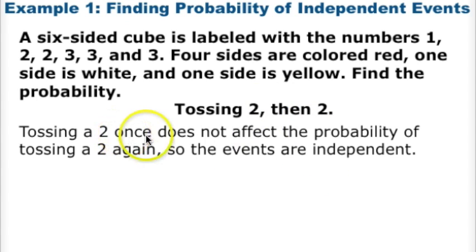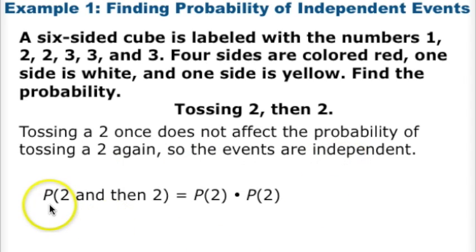Tossing a 2 once does not affect the probability of tossing a 2 again. So the events are independent. That means that to find the probability of a 2 and then a 2, I can multiply the probability of a 2 the first time times the probability of a 2 again.